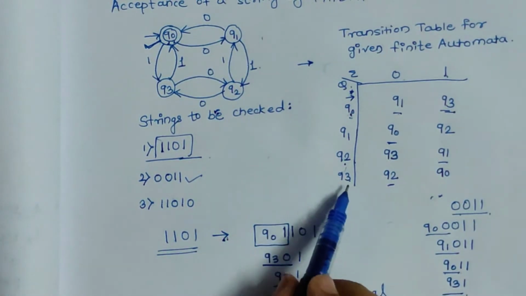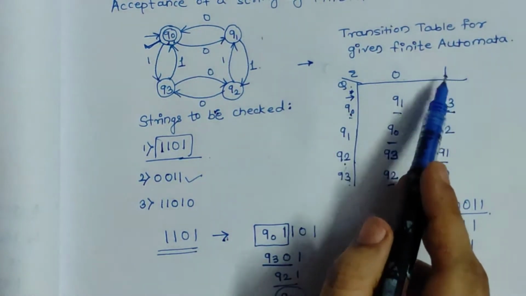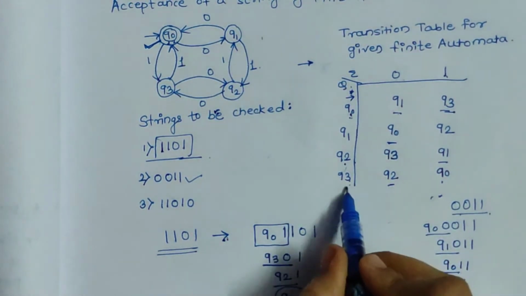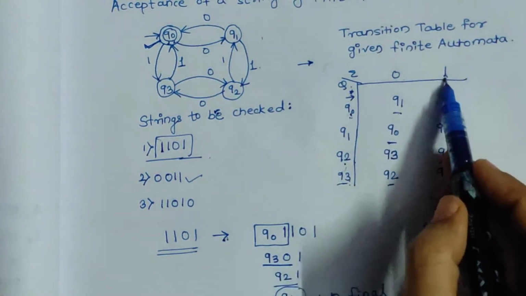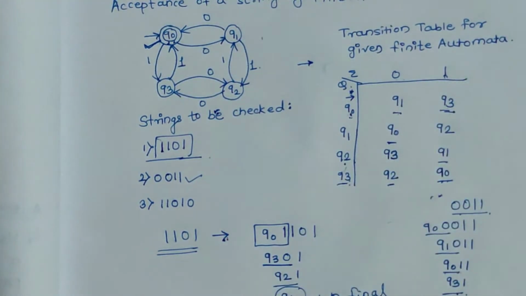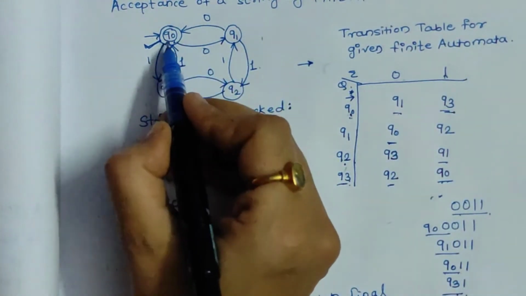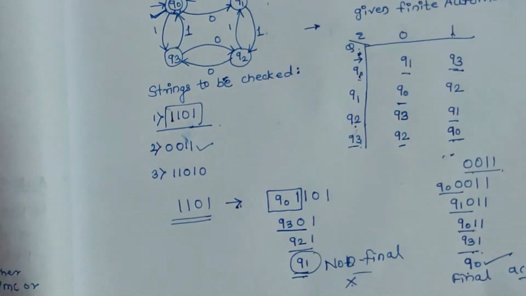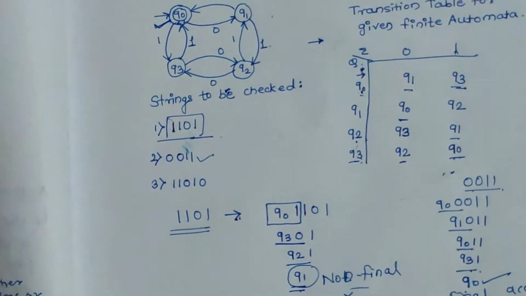And if we provide 1 as input to Q3, we reach state Q0. You can see in the transition table, Q3 with input 1 reaches state Q0. And you can see here Q0 is the final state. That's why we can say that this string will be acceptable. So this is how you have to check whether a given string will be accepted by the DFA or not.